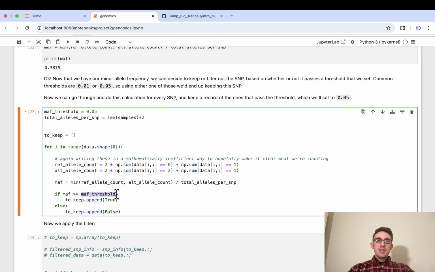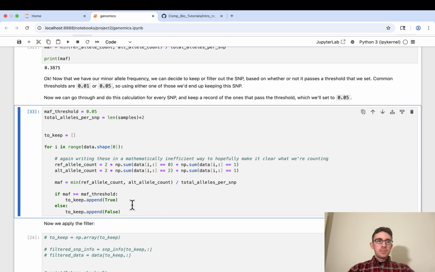If it is, we're going to append True to this to-keep list, to make a note that we want to keep that SNP. And if it's not, then we're going to append False to this to-keep list that we're using to keep track of whether we're going to keep each SNP or not. Okay, so we'll run this for loop. And it looks like it ran okay.